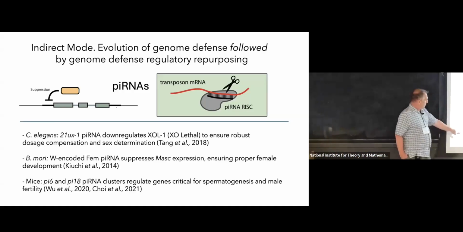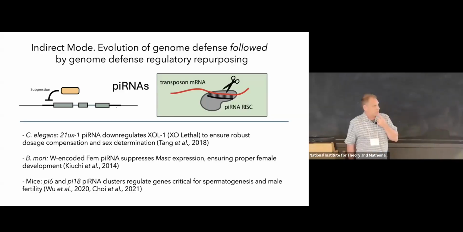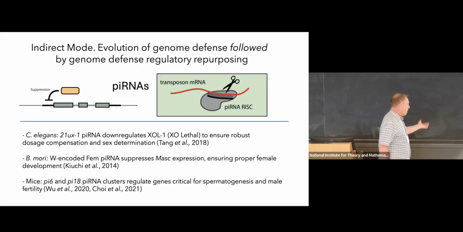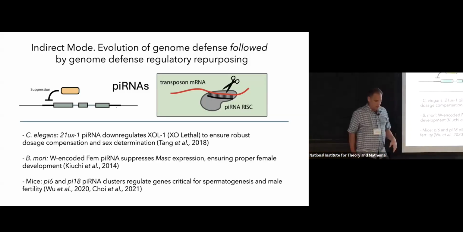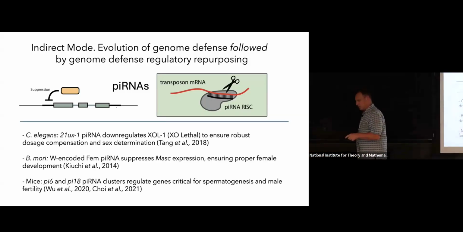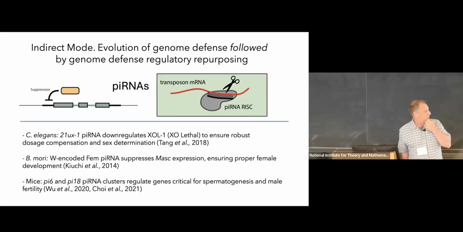And more recently, people have figured out that if you knock out certain piRNA clusters in mice, you can render mice infertile, because those piRNAs aren't regulating transposable elements. They're regulating genes that are important for spermatogenesis.